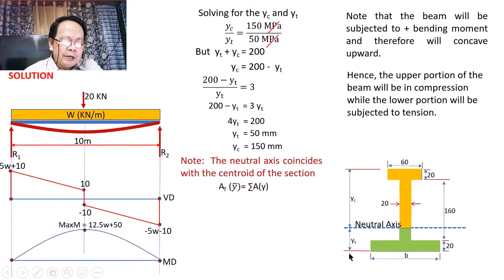Kaya kung gagamit tayo ng reference axis at this part, itong part nito, okay? Sa makatuwid, we can solve for the value of B if we will be applying the principle of moment.